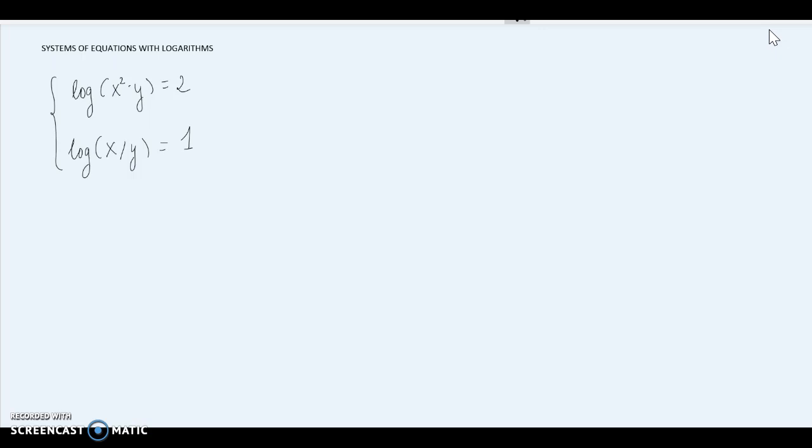For this first system, what I'm going to do is eliminate the logarithms from the equations. So here I'm going to write again log of x squared times y equals. On the right side of this equation, I will find another logarithm whose result is 2.